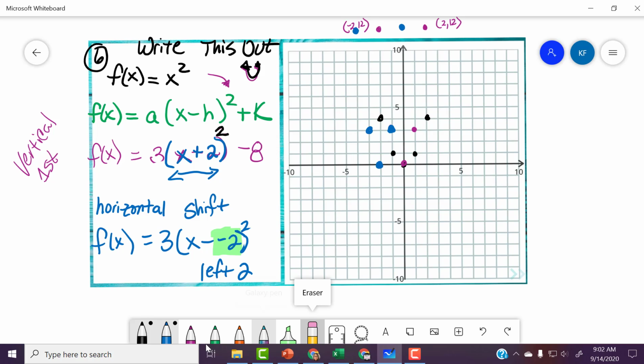And here's a tip. Sometimes what I will do is I'll start with the parent function as a circle, then I'll move the next transformation as a star maybe, and then I'll change the symbol to maybe an @ sign or a heart so I know which graph is which if I don't have any colored pencils. Because this would be really tough for you guys to learn if I wasn't doing it in color right now.